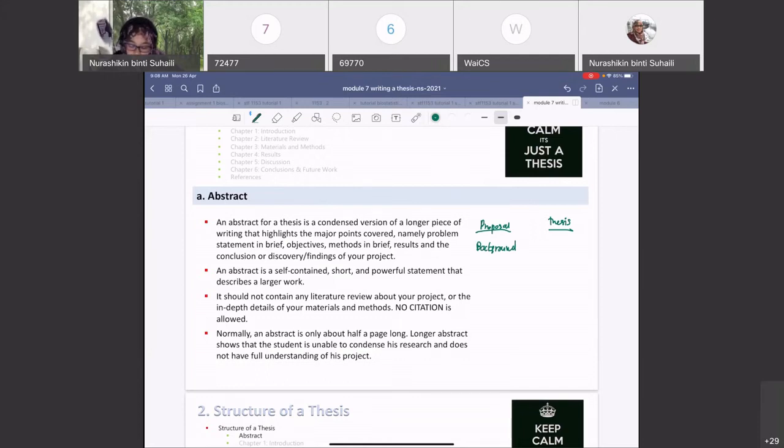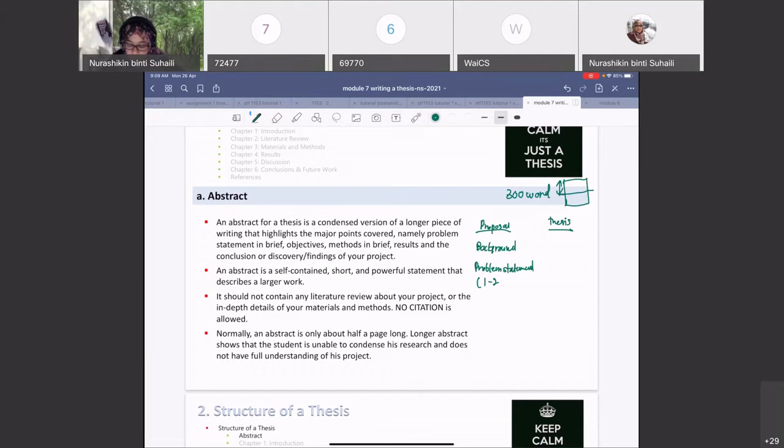And then you mention the problem statement briefly, like in 1 or 2 sentences. Because the abstract, the limit is only 300 words, right? Or if you want to imagine, an A4 page, it is just half of the A4 page. So if you go like 1 page, it's not correct. It's more than 300 words. So you should limit that the length should be just half of the A4 page.